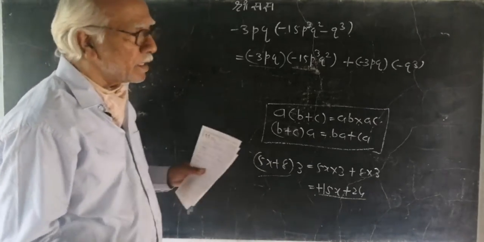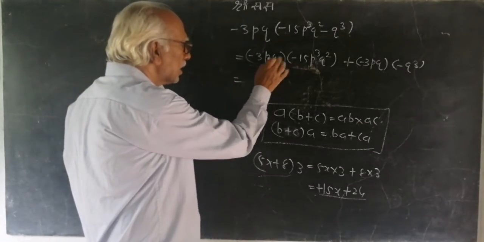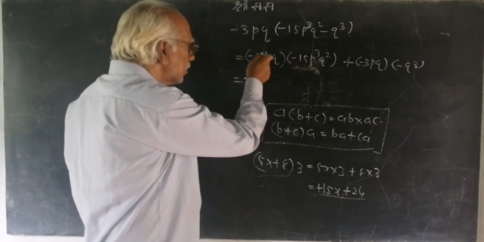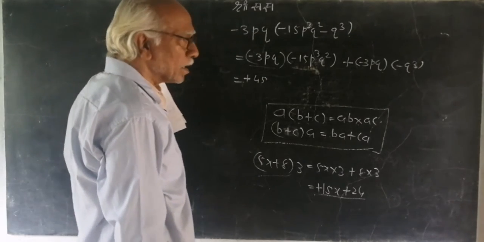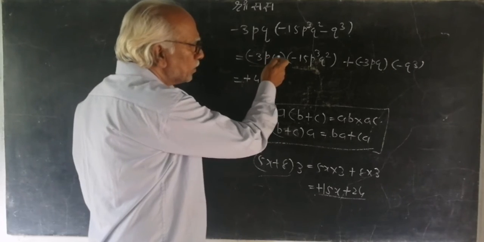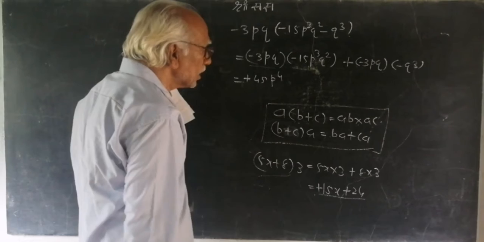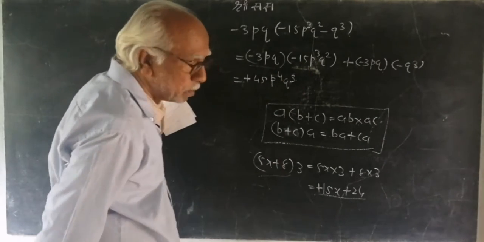First we write sign into sign, minus into minus is plus. Then number into number, 15 3s are 45, and then we go through the variables. Here it is p, here it is p cube, so p into p cube is p fourth, and similarly q into q square is q cube.